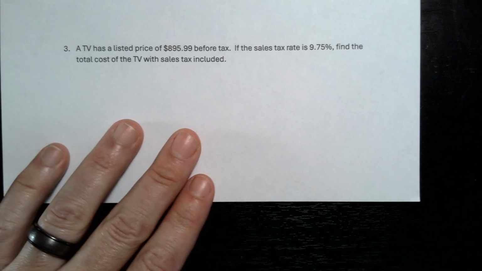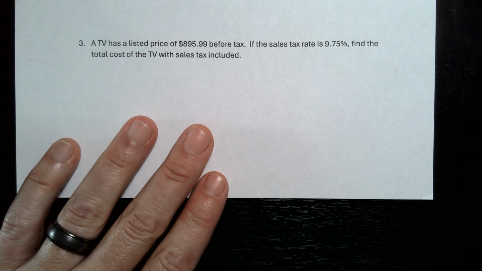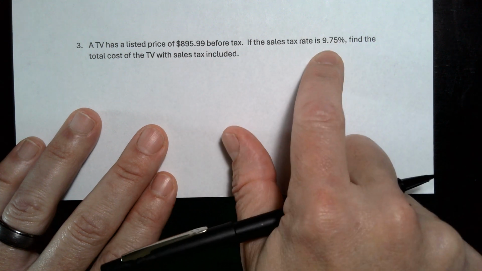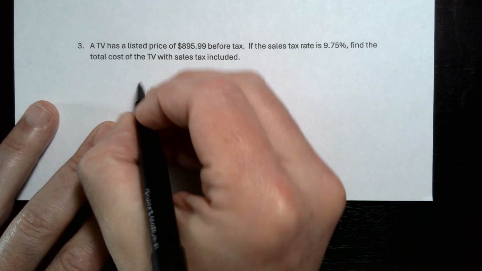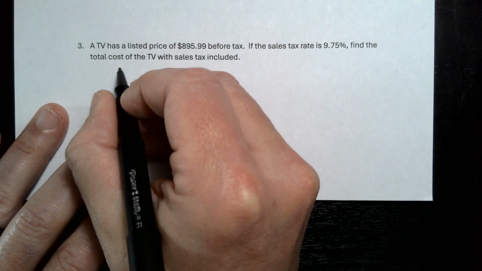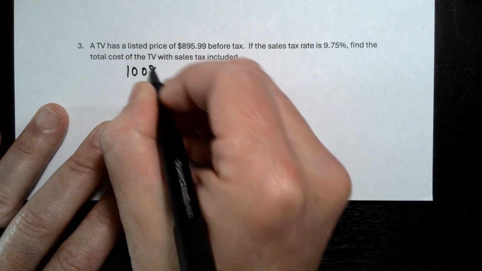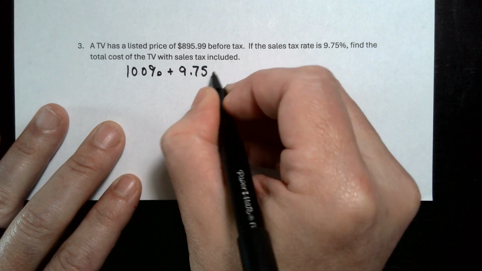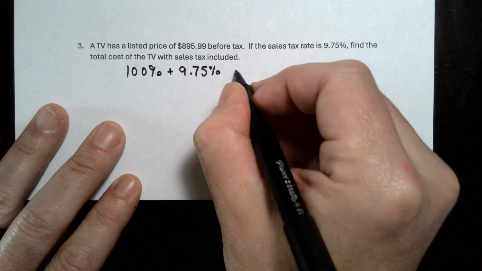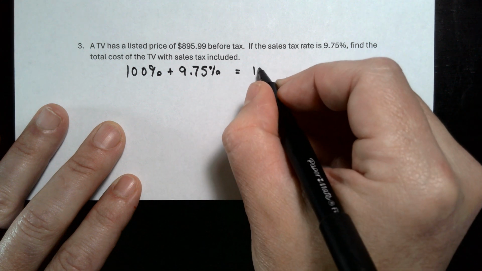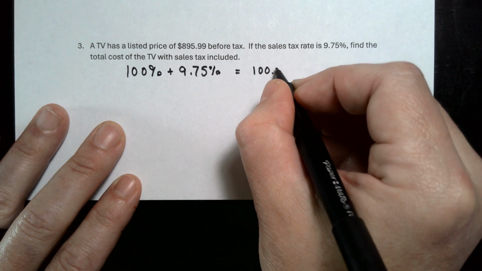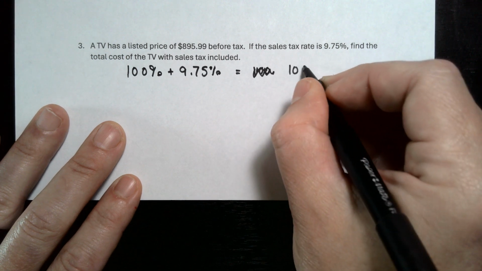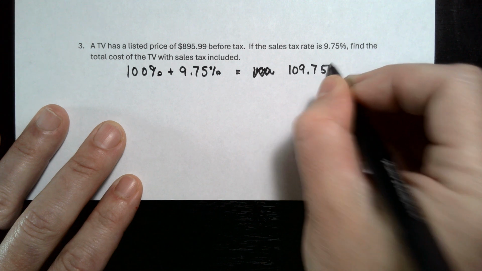Let's do one more, the last one. The TV has a listed price of $895.99 before tax, and the sales tax rate is 9.75%. The original $895.99 is 100%, and it's going to be raised by 9.75% because of taxes. That will give us 109.75%.